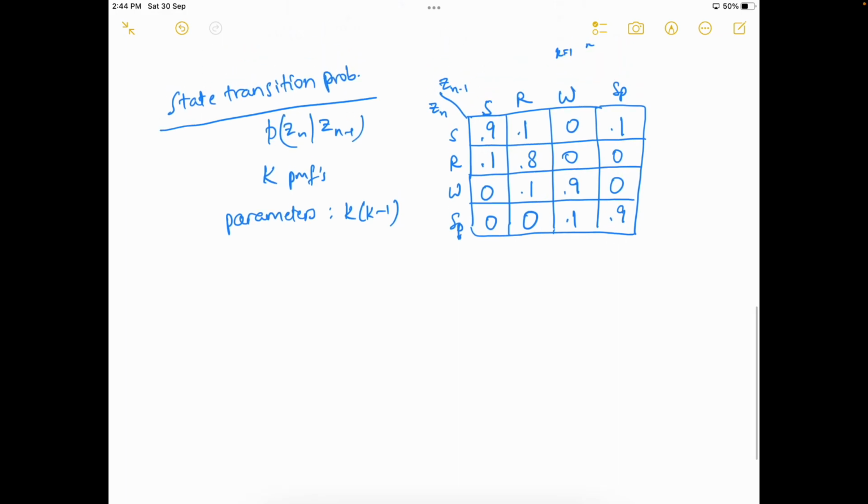So this matrix is generally called the state transition matrix.